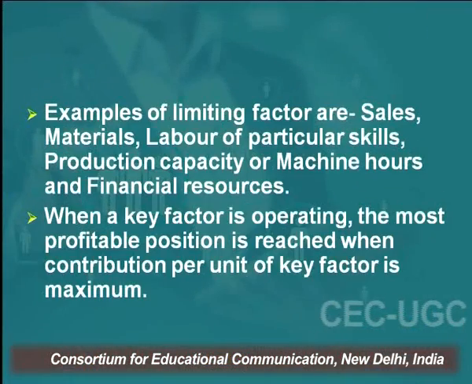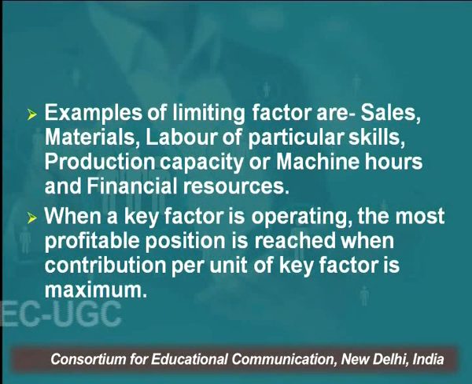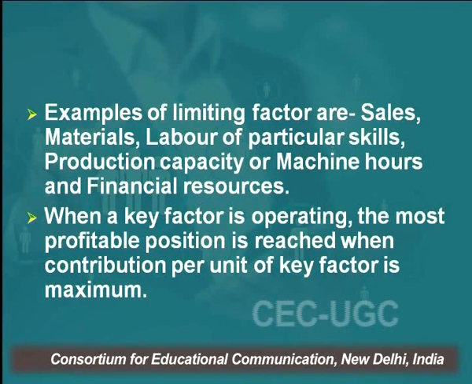Similarly, sometimes a business is not able to sell all that it can produce. In such a case, sales becomes the key factor. A key factor is also known as a limiting factor or governing factor. Examples of limiting factors are sales, material, labor of particular skills, production capacity, machine hours, and financial resources.